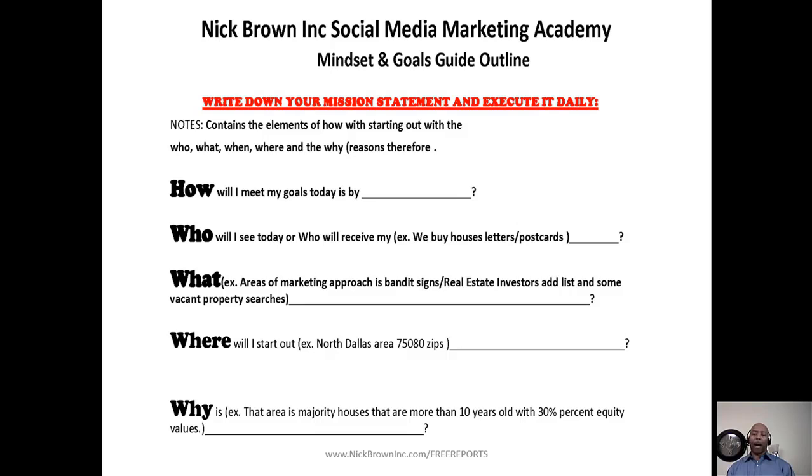So you'll write down by driving by the area as soon as I leave work. My goal is to get 25 to 50 vacant properties. Minimum, let's just say 10. Write that down. So how will I meet my goals is by, after work, I will drive around this area for driving for dollars to get 25 to 50 addresses, minimum 10 addresses.